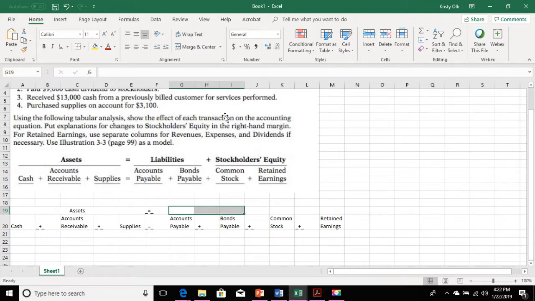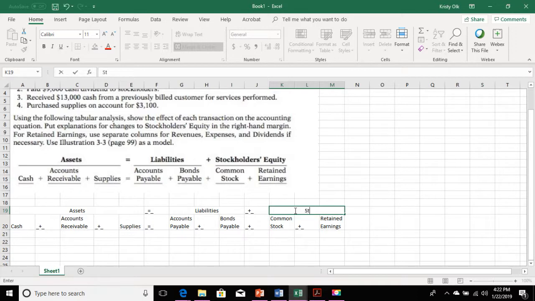I would merge and center over my liabilities, underscore plus underscore. And then I would merge and center and put the title stockholders' equity over these accounts.